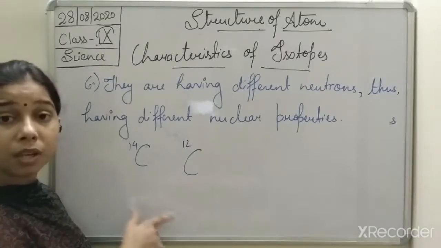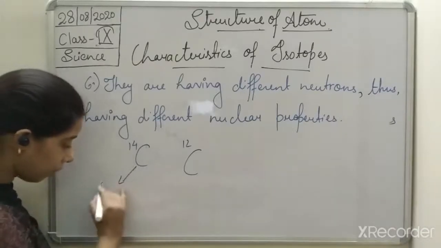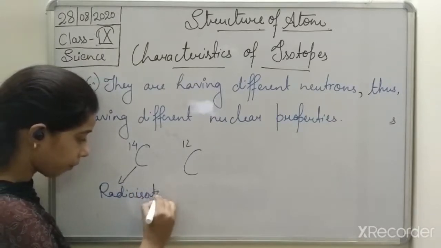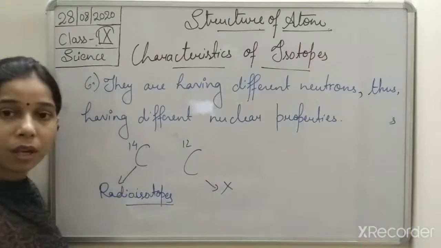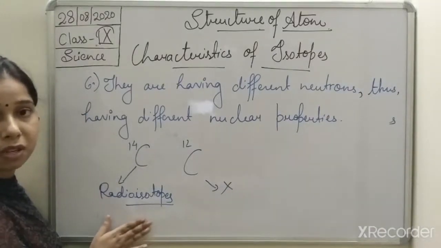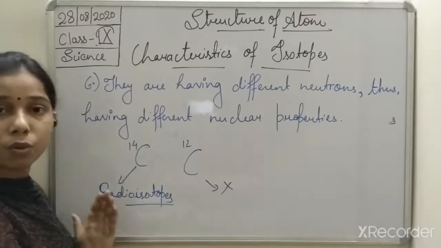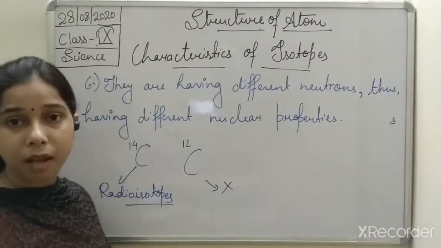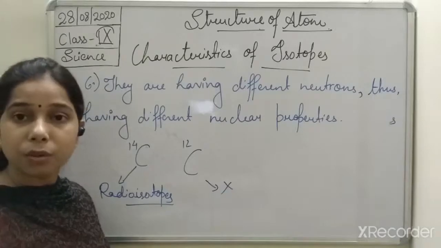It means their nuclear property also varies, and that is why carbon 14 is a radioisotope while carbon 12 is not. Most of the isotopes are radioactive, and that is why we use the term radioisotopes.